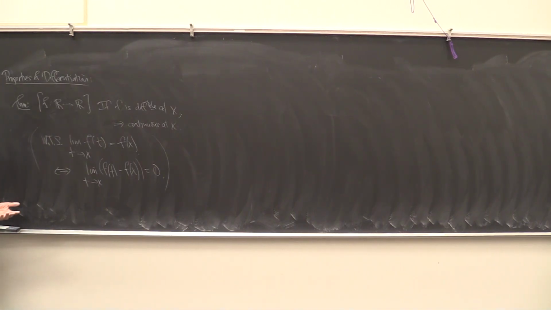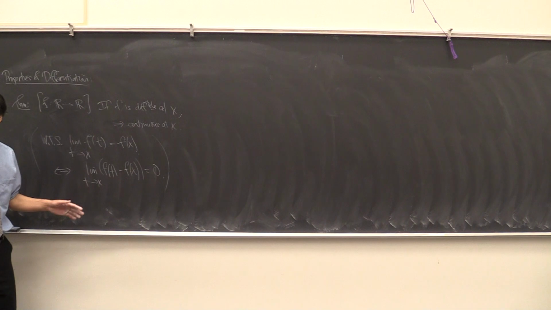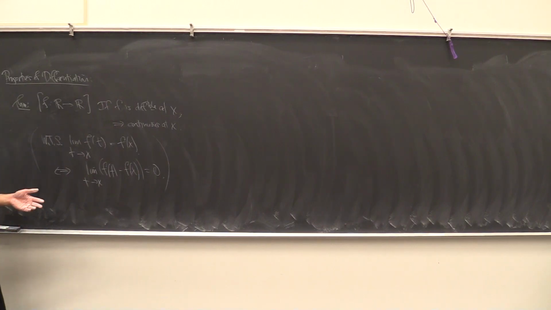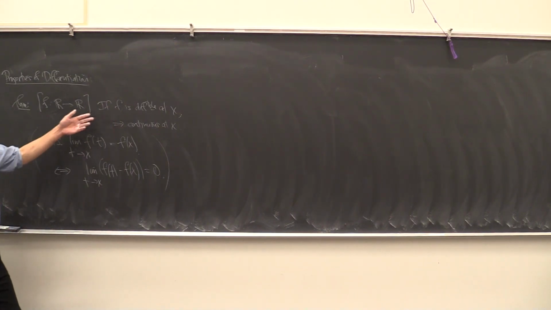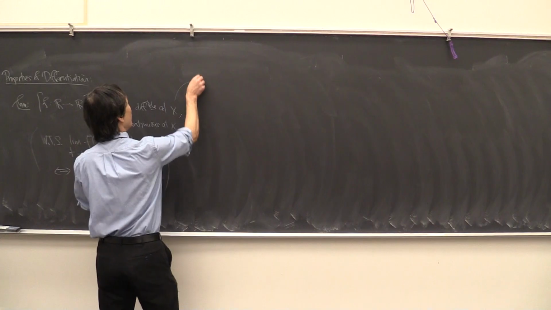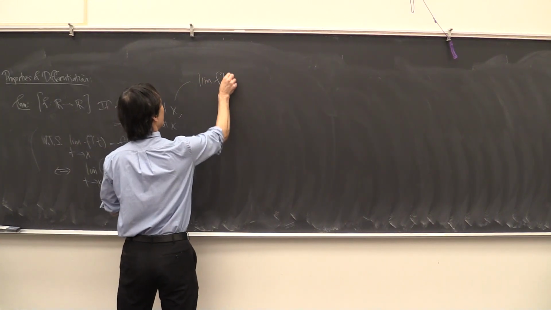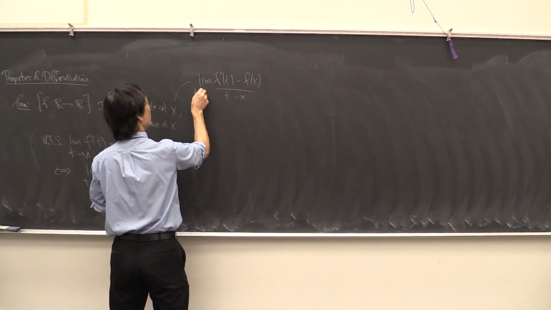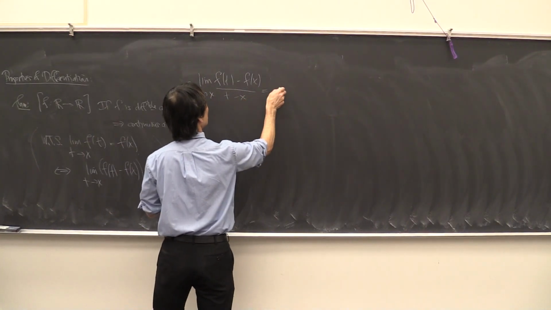So one way we could do it is by playing the game I brought up a couple days ago of trying to squeeze in the information you have in order to simplify the problem. What we have is differentiability: the limit of f of t minus f of x over t minus x as t approaches x is some number.